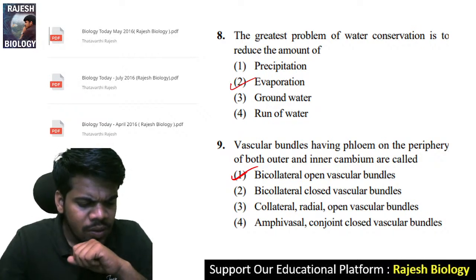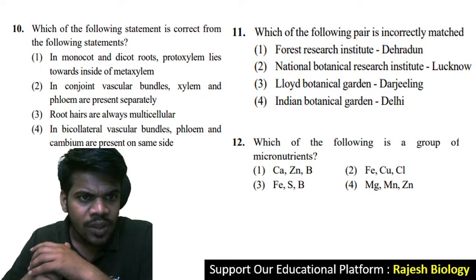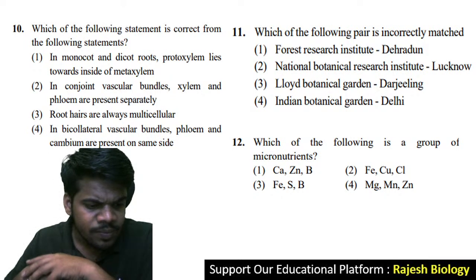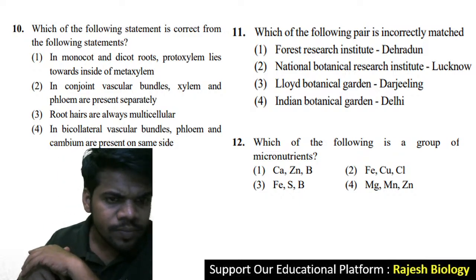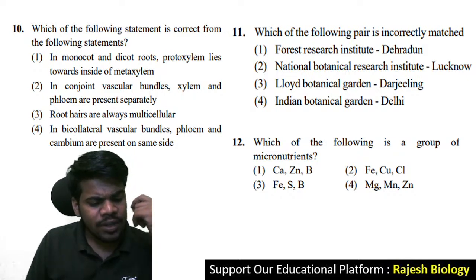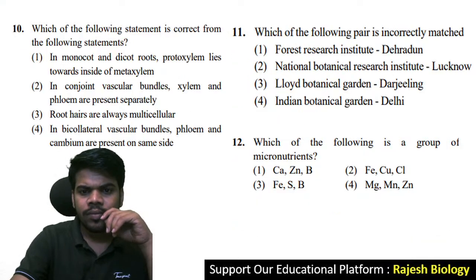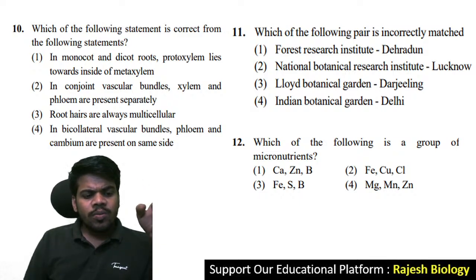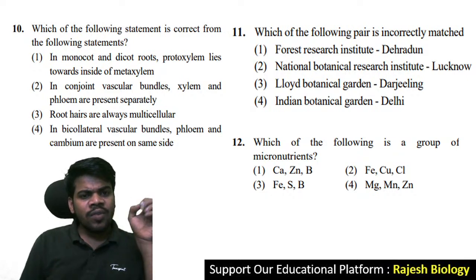Next, okay, Nagjoti, come to the 10th question. Which of the following statement is correct from the following statements? In monocot and dicot roots, protoxylem lies towards the inside of metaxylem.